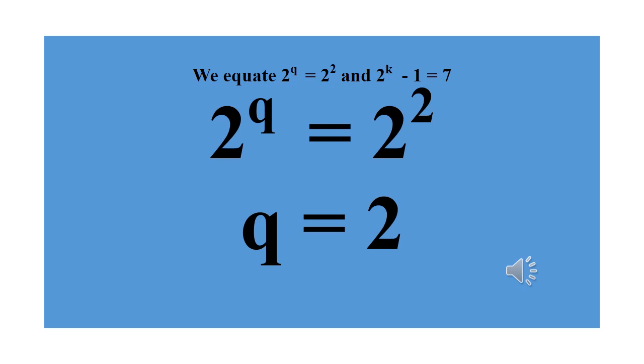So now, if 2 raised to power q equals 2 raised to power 2, we can cancel out the base since they have the same base, and it follows that q equals 2.